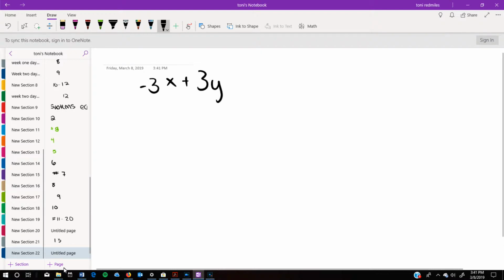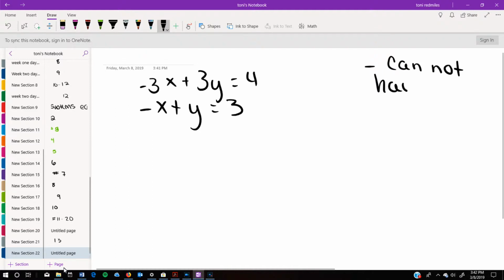So there are a couple rules to perpendicular lines. Number one, they cannot have the same y-intercept.